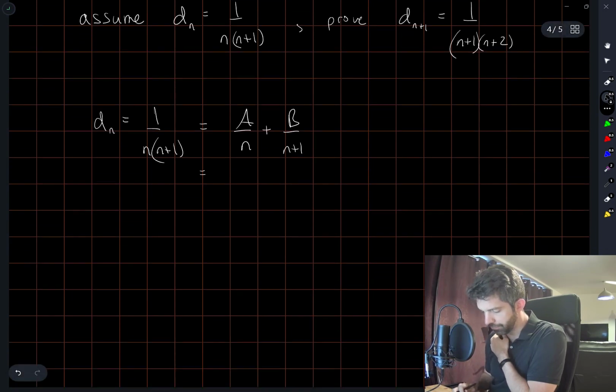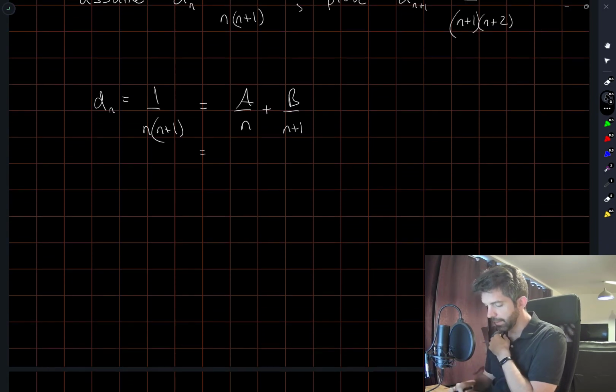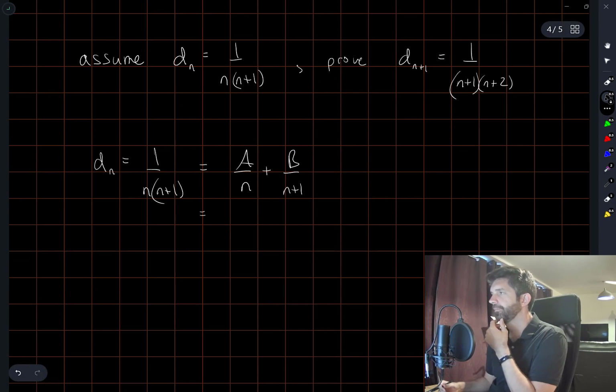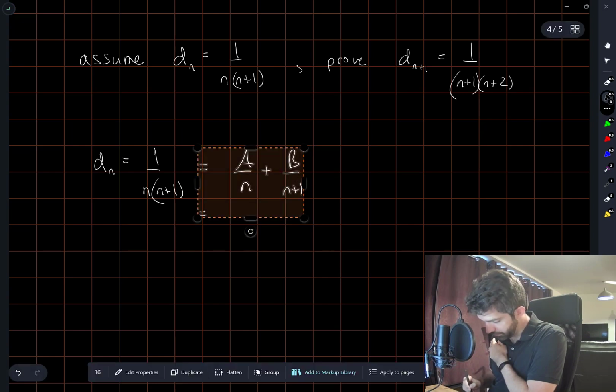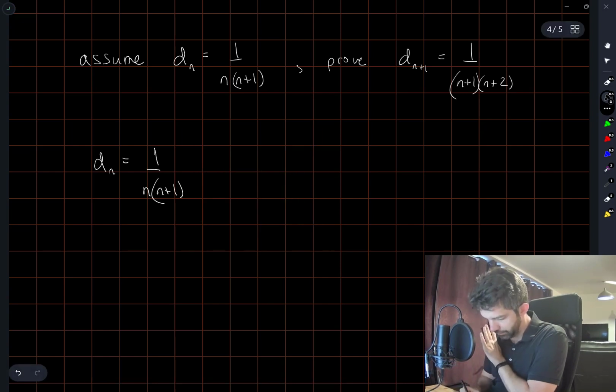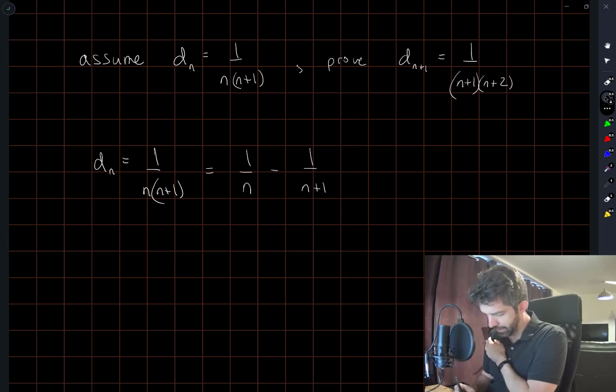So we're basically doing a partial fractions type thing here, because I think the sum of the radii, we should be able to write it as a telescoping series. Hopefully I should be able to just identify exactly what these things are. It'll be something like 1 over n minus 1 over n plus 1.